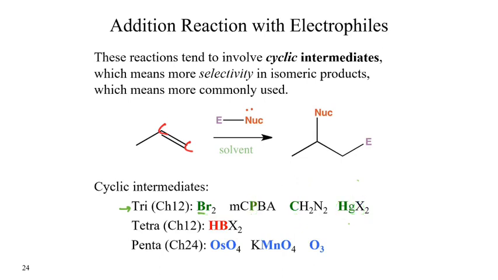When we move down to the tetra intermediate, you'll notice that I now have 2 atoms highlighted. Why 2 atoms? Well, if we had 2 carbons, we need 2 more atoms to contribute to the 4-membered system. When we move up to chapter 24, we're going to encounter some penta systems and potentially more. And in those cases, again, you're seeing that highlighting change.